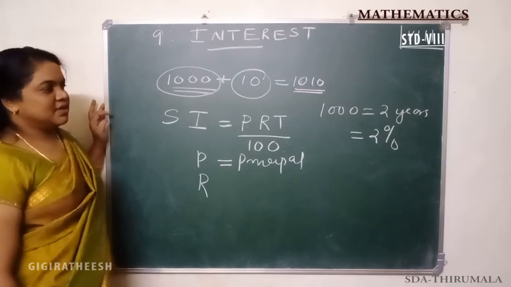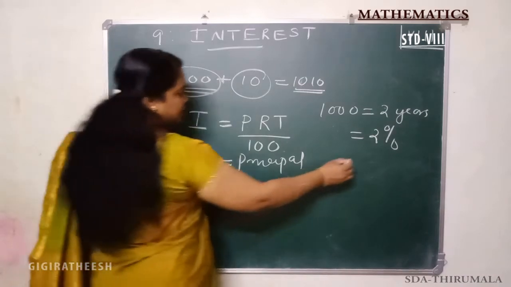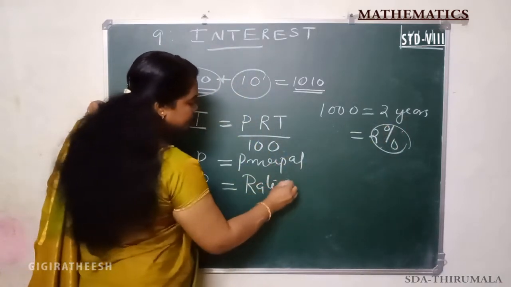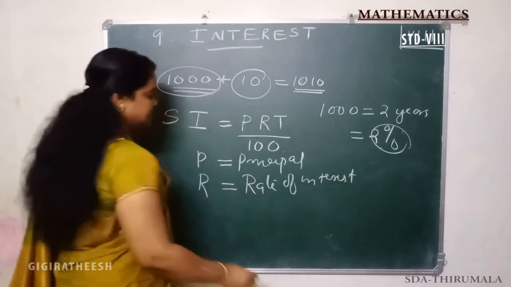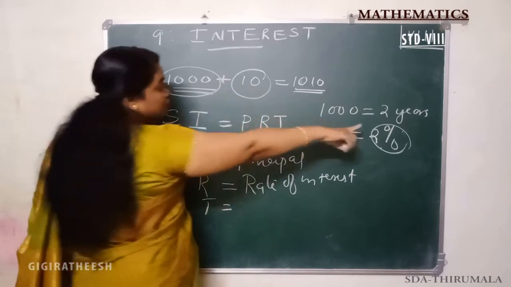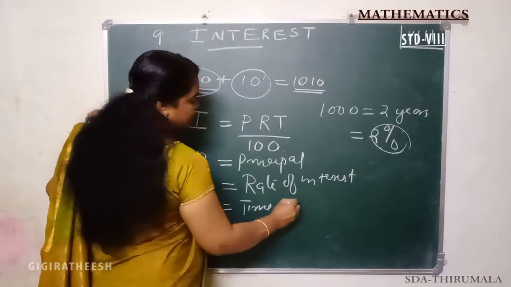After 2 years, we have to return this money with the interest. R is the rate of interest, and T is the time period, which is equal to 2 years.